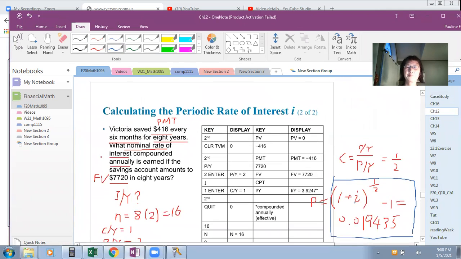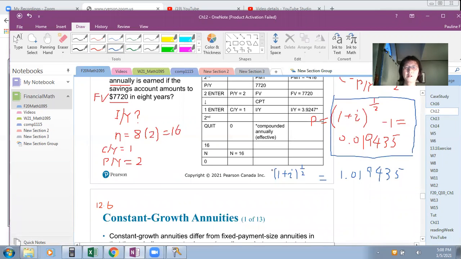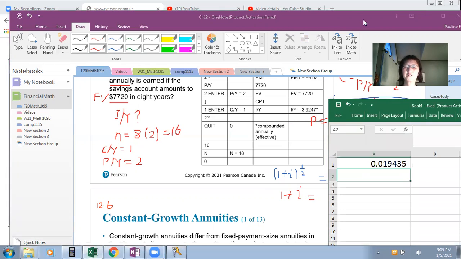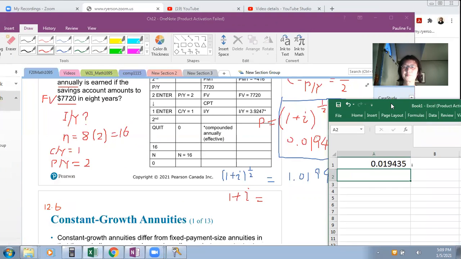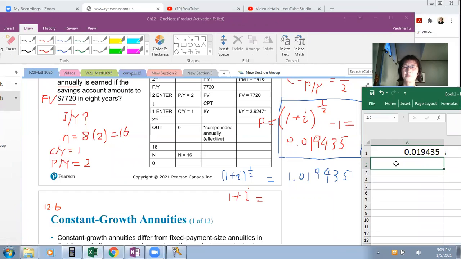This is an equation. I want to solve for I. Okay, so 1 plus I equal to this number squared. So I'm going to use Excel to do the basic calculation. So 1 plus I equal to 1 plus this number, and this number squared.